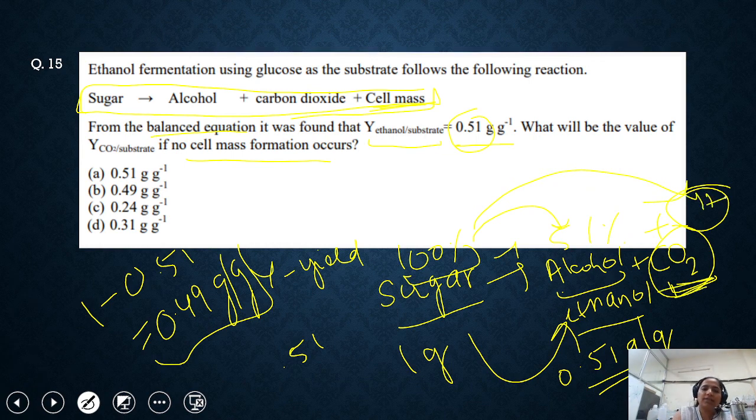They have also given that the equation is balanced, so you don't need to think of that. You can directly use this: if one is the sugar and 0.51 alcohol is formed, then the remaining part will form the CO2. So for this question the answer is B.